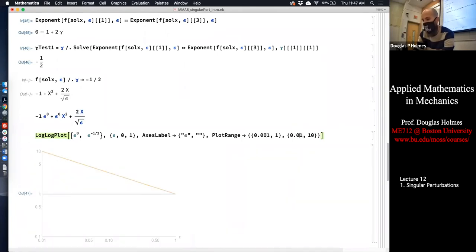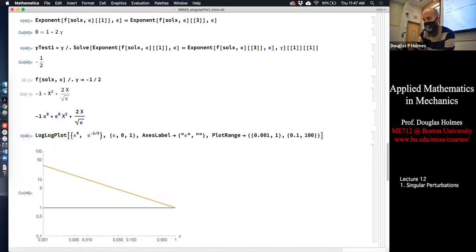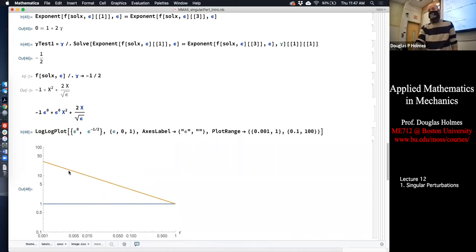Let's go to smaller values, 0.01. The smaller I take epsilon, the larger this term becomes. And these terms are still not relevant. They're incredibly small.